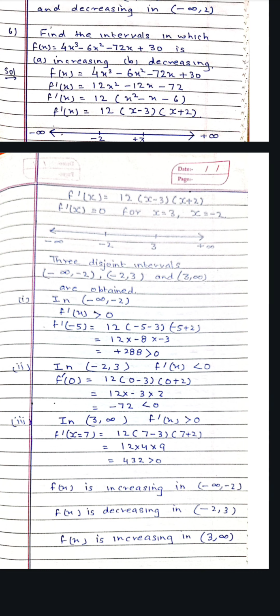We can see on the number line there are three distinct intervals: minus infinity to minus 2, from minus 2 to 3, and from 3 to infinity. Let us consider the first interval minus infinity to minus 2. If we take any number in this interval, the value of f'(x) comes positive.